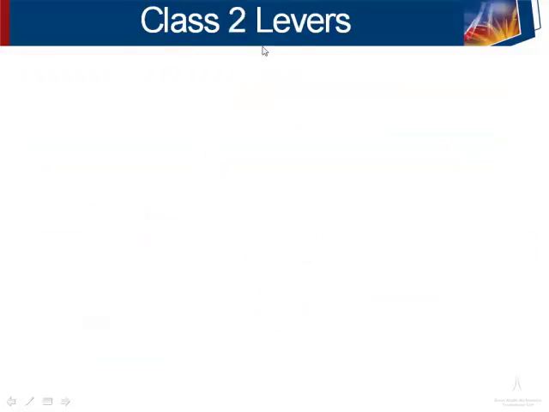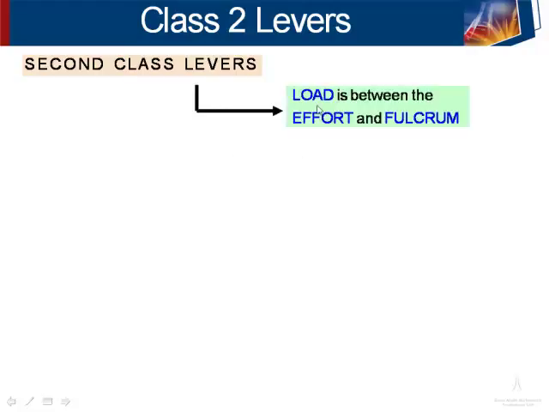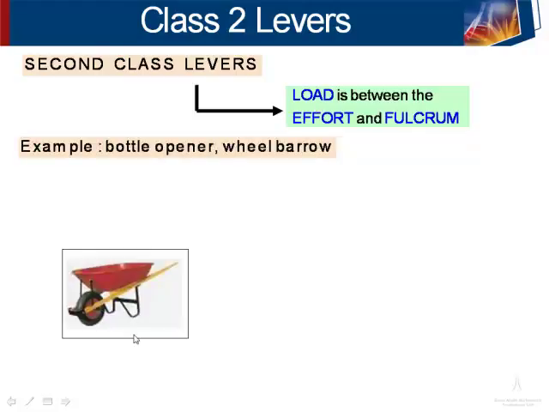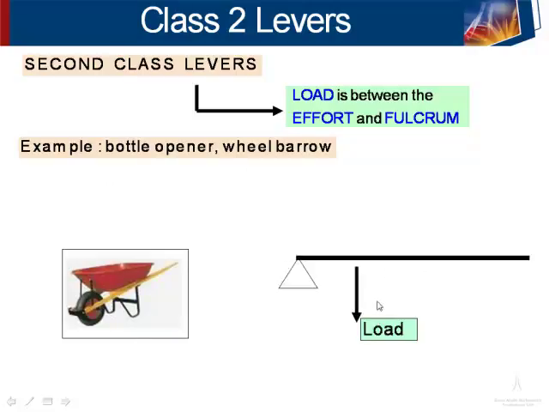Looking at class 2 levers. In second class levers, we see that the load is between the effort and the fulcrum. The load is in the central position. Examples of these are a bottle opener and a wheelbarrow. Here you can see the fulcrum is at the end, the load is in the middle, the effort upwards on this side and the fulcrum on this side.